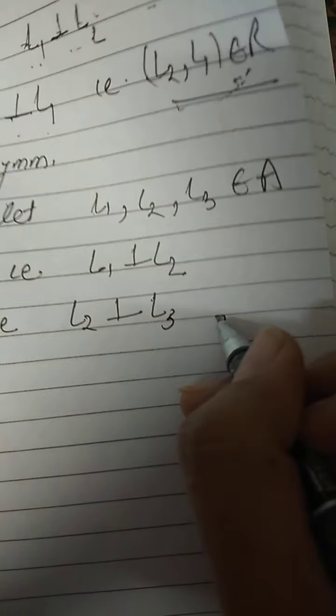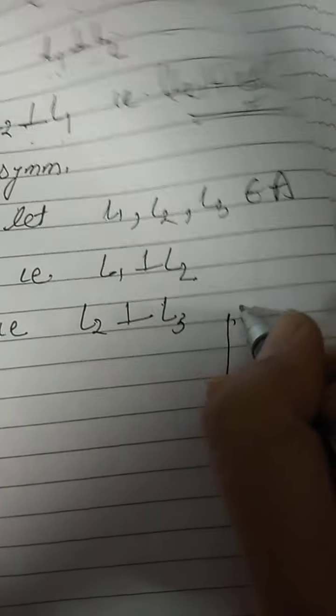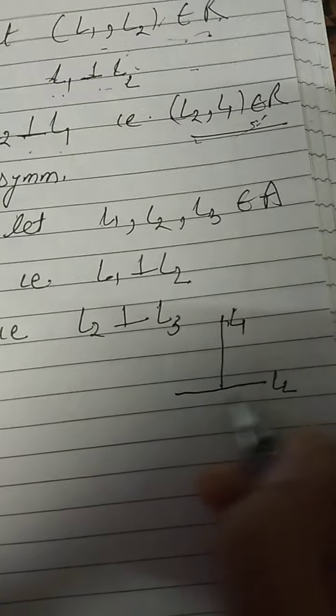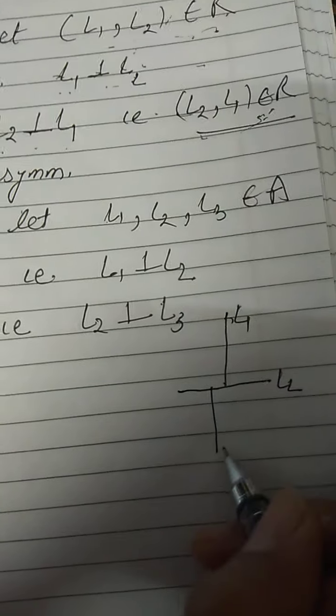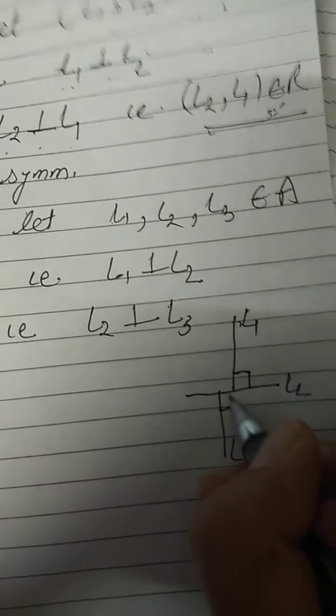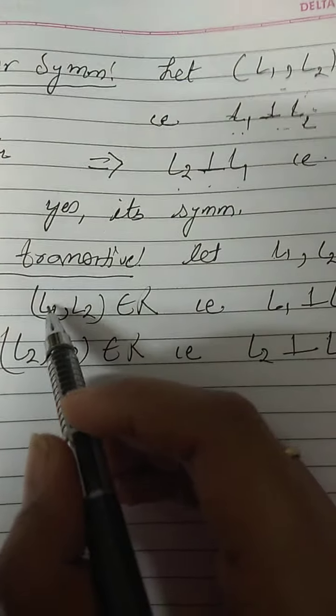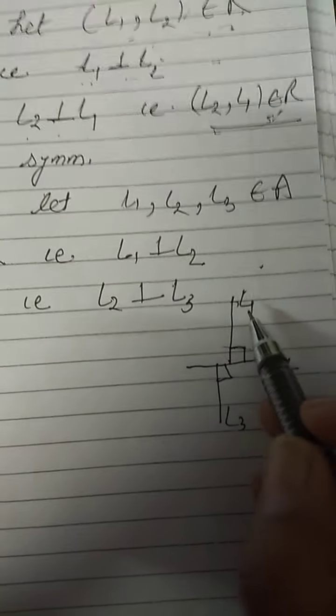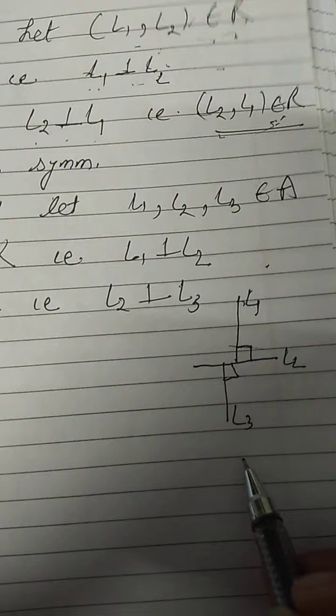Now let me show you. This is the line L1. It is perpendicular to L2. L2 is perpendicular to L3, so let it be L3. L1 is perpendicular to L2, L2 is perpendicular to L3. Now, according to the definition, we have to see the relationship between L1 and L3. From this diagram, I can see the relationship between L1 and L3.